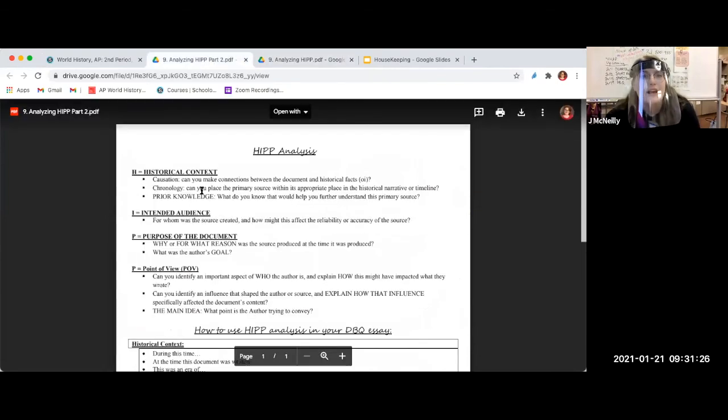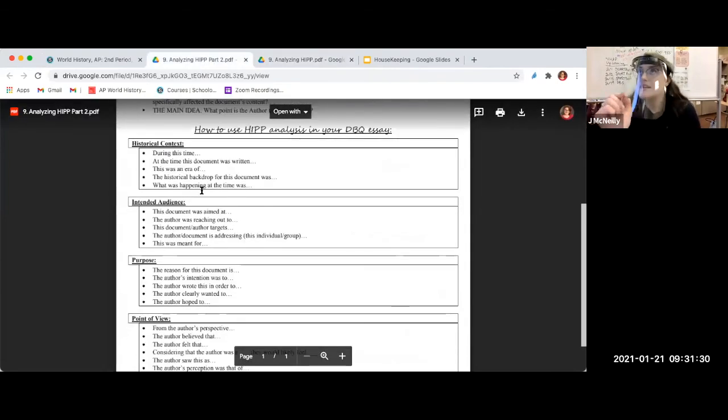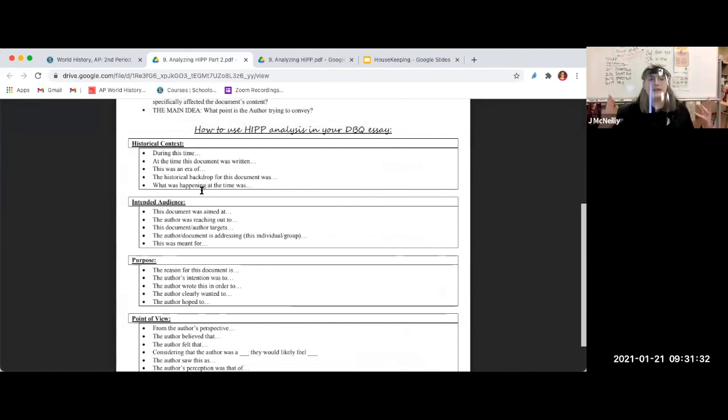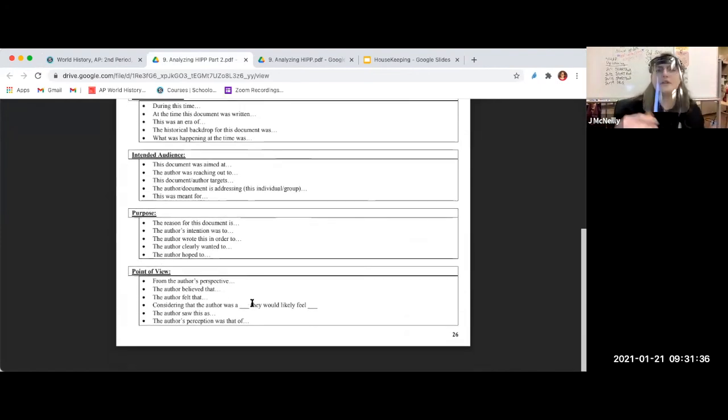And then in this document, it gives you sentence starters. So how do you write HIP in an essay? Well, if you write, considering that the author was a Catholic from Spain, they would likely feel superior to the Native Americans who were practicing a polytheistic religion with human sacrifice. Okay, that's HIP right there.